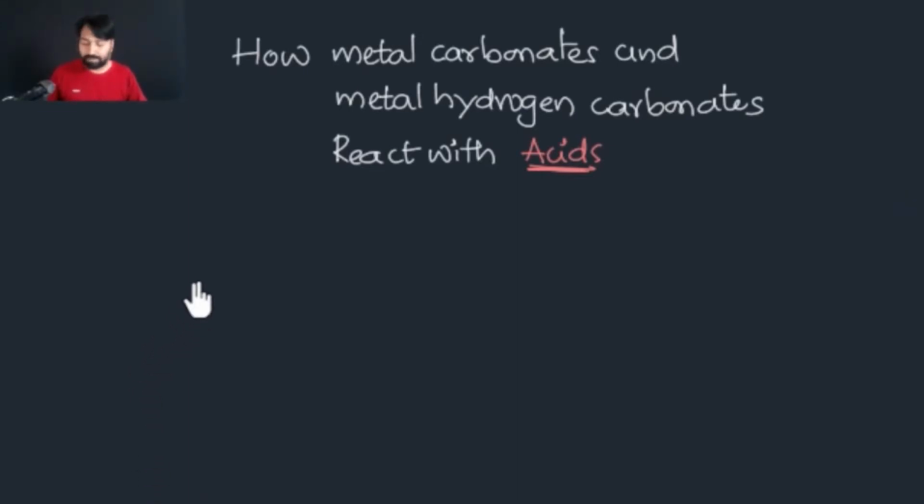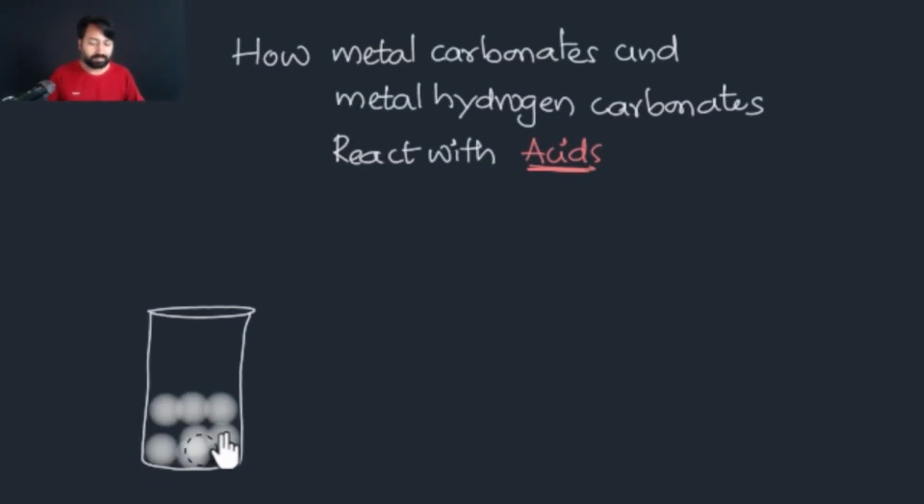Now you have a container, some sort of container. Let me take a container here. In this container, I just want to place the particles of metal carbonate. These are the metal carbonate particles. And to this, I'm going to add the acid.